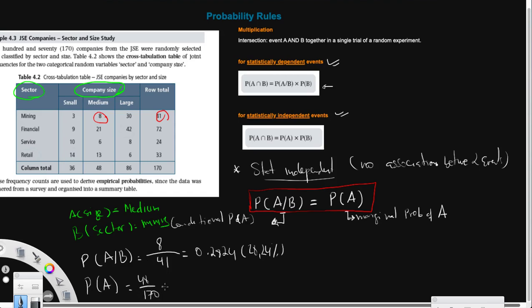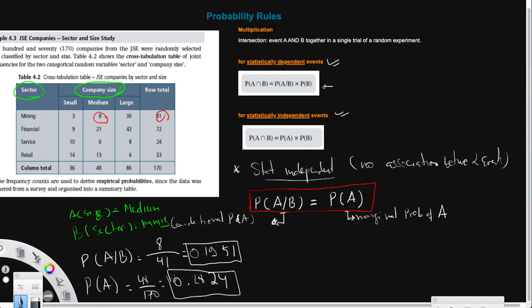Then now let's work out the general marginal probability of A, which is 48 divided by 170, and the answer there will give us 0.1951, and the other one gave us 0.2824. From these two values we can see that P(A|B) and P(A) are not equal.